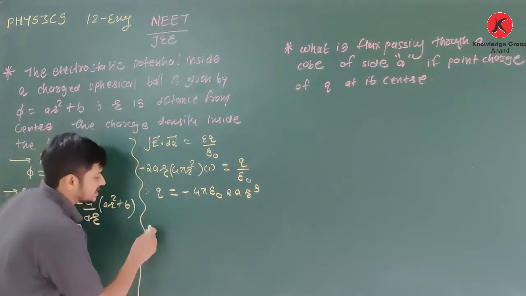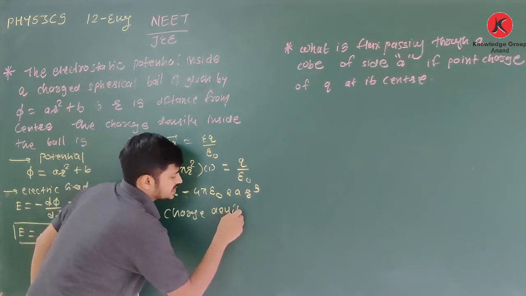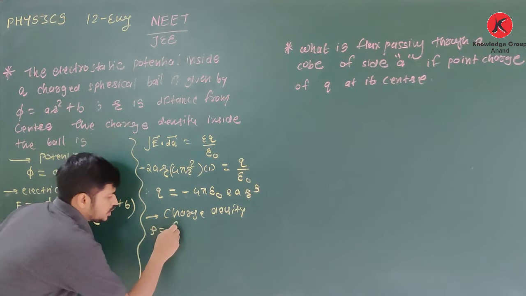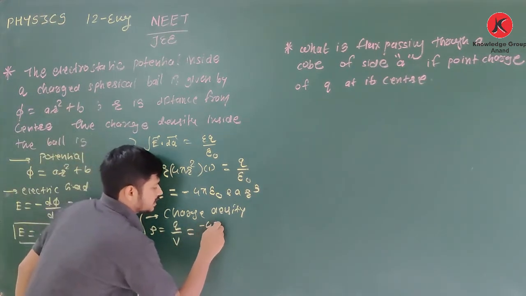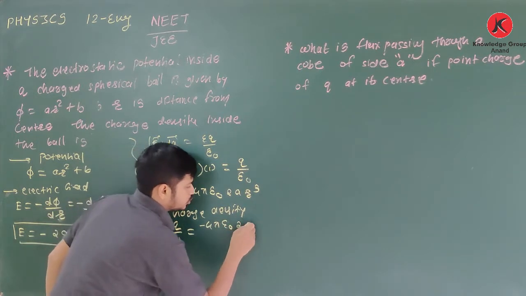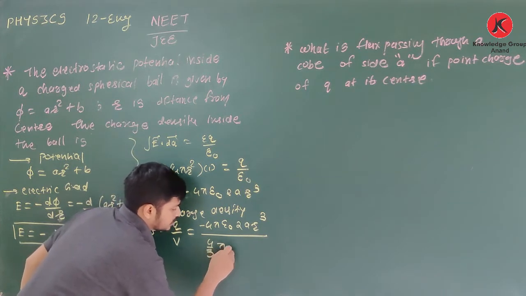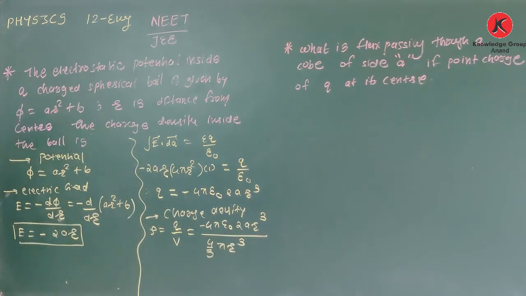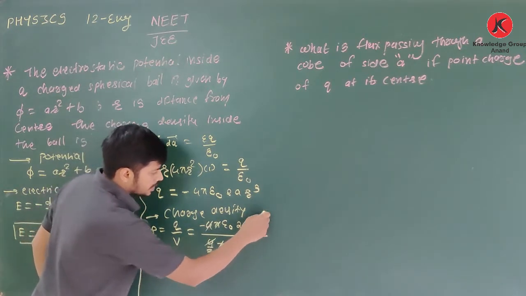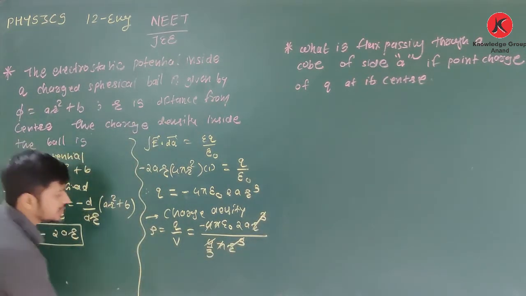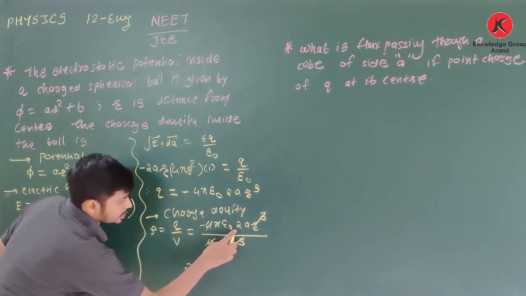Now you have to find charge density. Charge density rho is equal to charge per unit volume. The charge is minus 4 pi epsilon 0 2a r cube, divided by the volume, which is 4 by 3 pi r cube. So 4 cuts, pi cuts, r cube cuts. The remaining answer: 3 is in the numerator, there is always the minus, and 3 into 2 is 6.